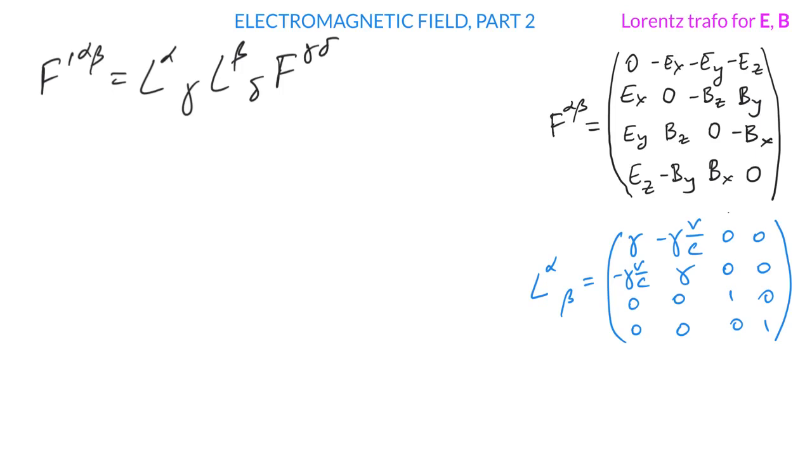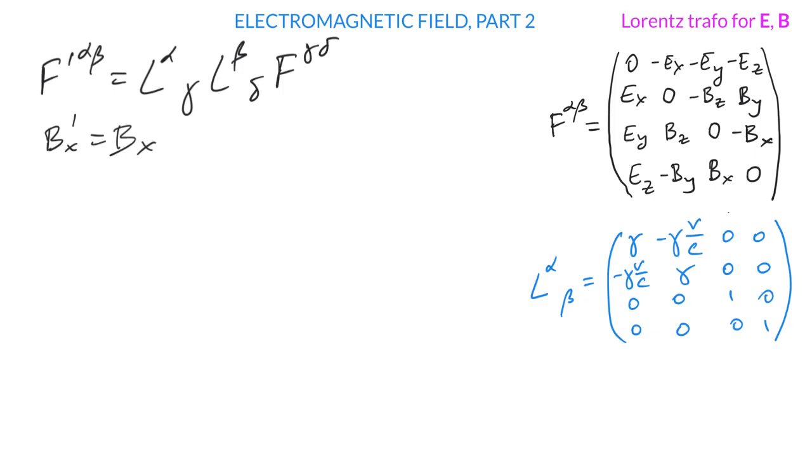First thing we can notice is that the lower right corner block of the matrix is not affected by this Lorentz boost at all. The y and z components of a vector are unchanged, so this block of a tensor is not affected at all. So Bx remains the same under Lorentz boost in the x direction. So we can immediately write Bx prime equals Bx. Nothing happens to Bx.